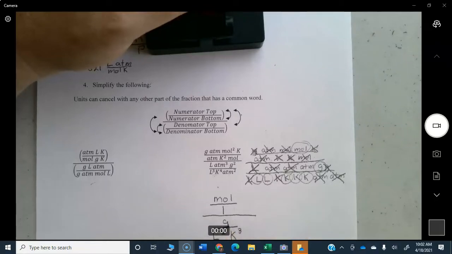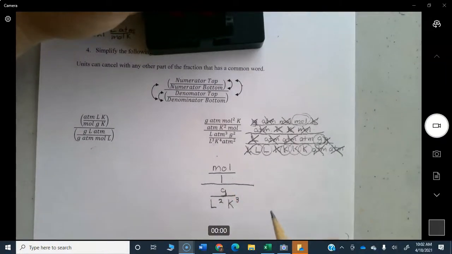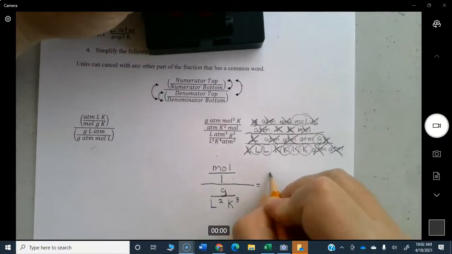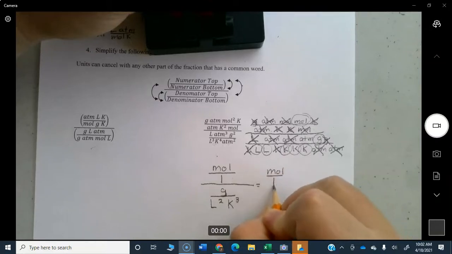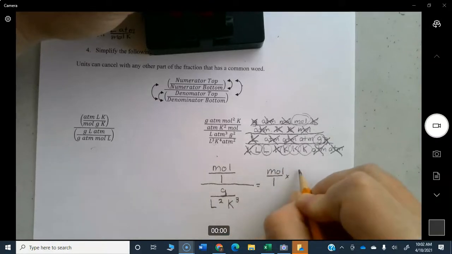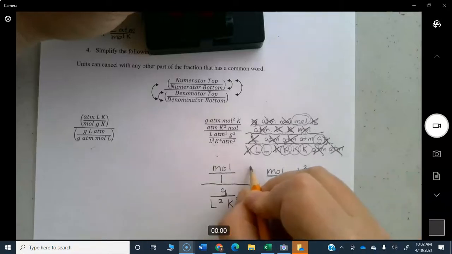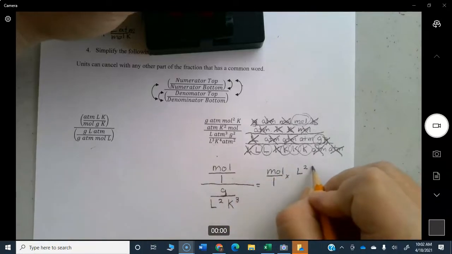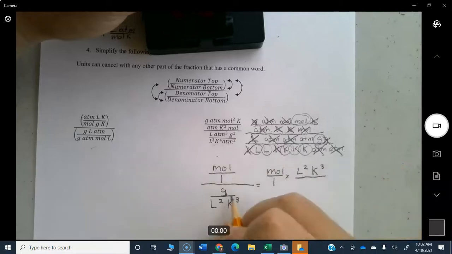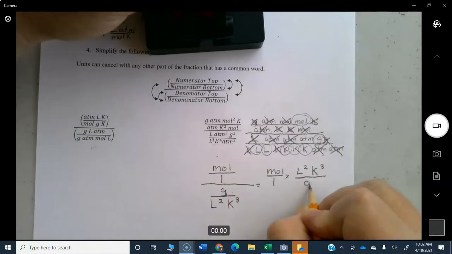Okay. All right, so remember what you do with fractions. You flip the bottom and multiply. So that's going to equal, you don't do anything to the top, moles over 1 times, flip the bottom, liters squared. So if it's on the denominator bottom, it flips all the way up to the numerator top. Kelvin to the third, and then you flipped this down to the bottom, grams.